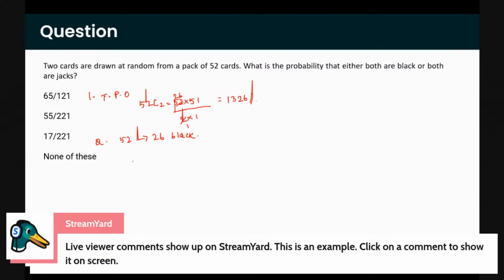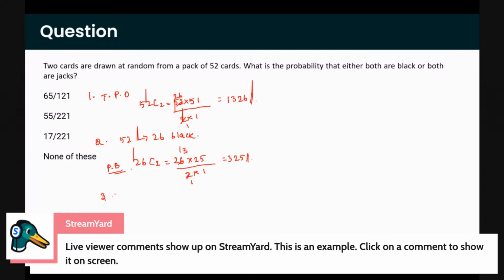Out of 26, I'll choose 2 as black, which can be written as 26C2. 26 into 25 divided by 2 into 1, which is 13 into 25, equal to 325. Got it? This is the number of ways both are black.